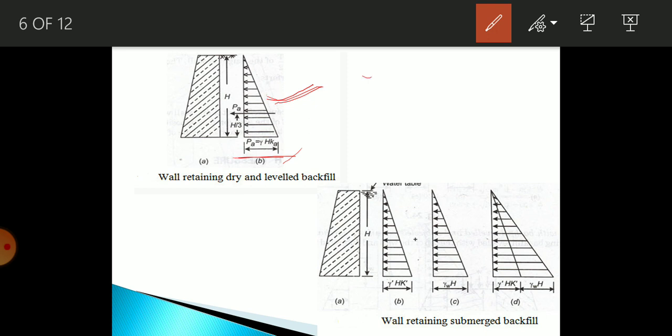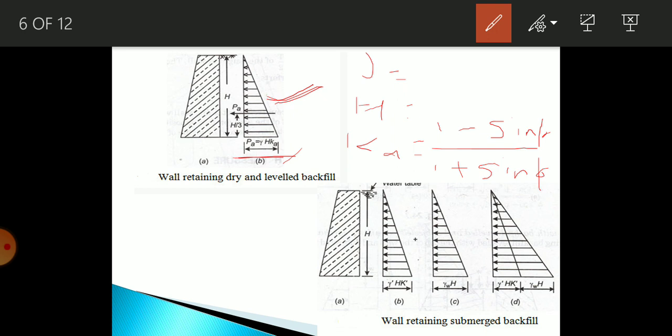In this, gamma is the unit weight of soil, H is the height of backfill, and Ka is the coefficient of active earth pressure, and the value of Ka will be equal to (1 - sin phi)/(1 + sin phi).